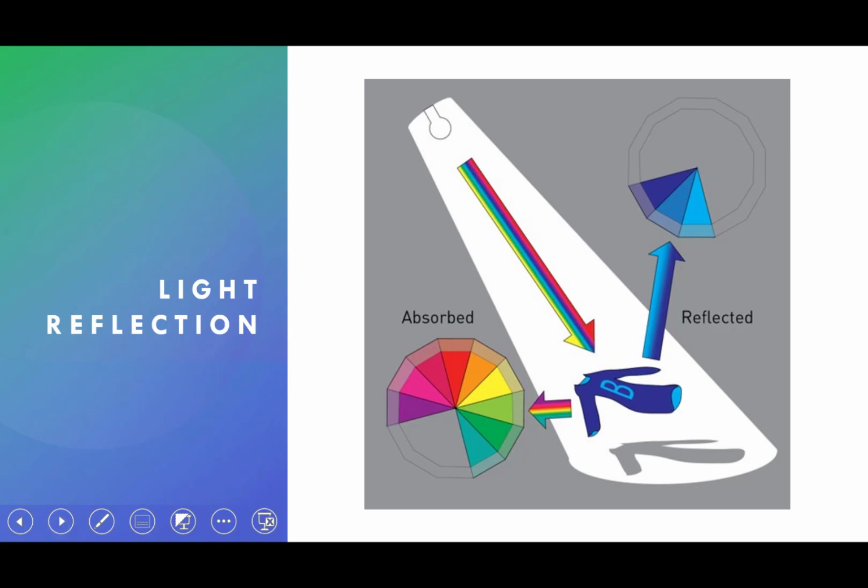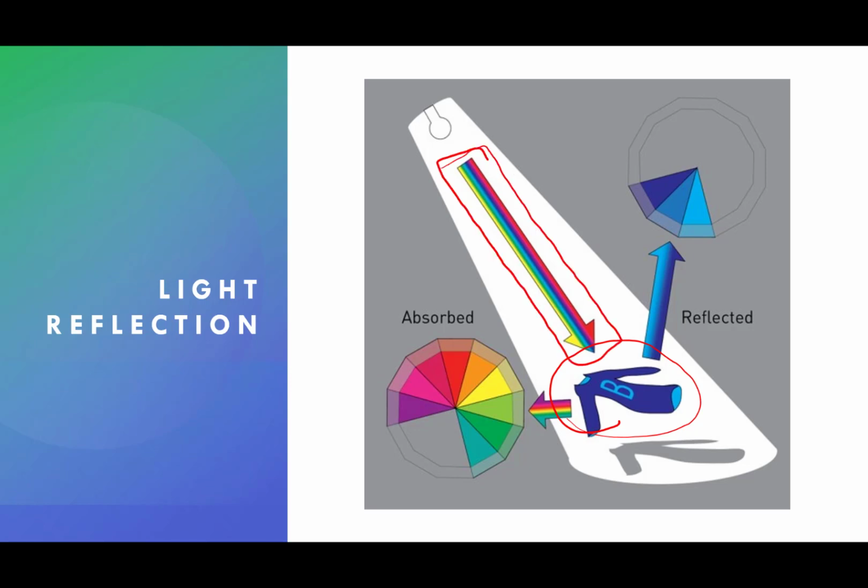Then if you take the blue sweater, the object has blue pigment in it, and this shows you all of the colors when the light hits it, but because of the pigment, the only one reflected back is blue, which is what we see, whereas all of the other colors get absorbed. So that's the scientific way of how we see color, and kind of how our eyes produce that.